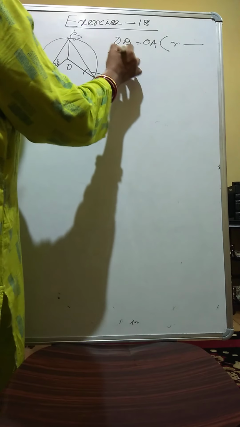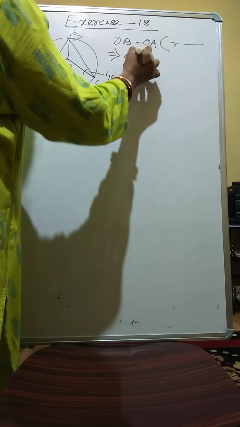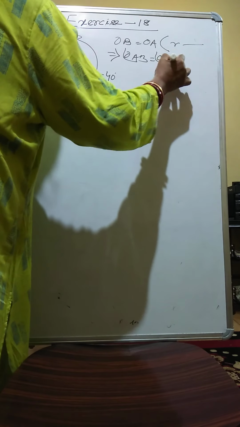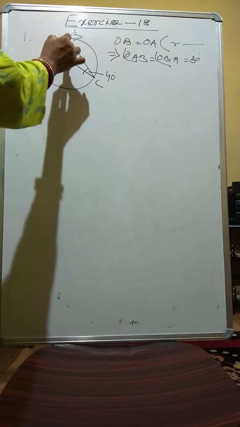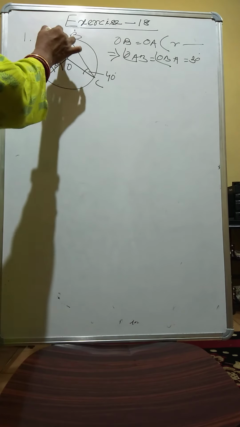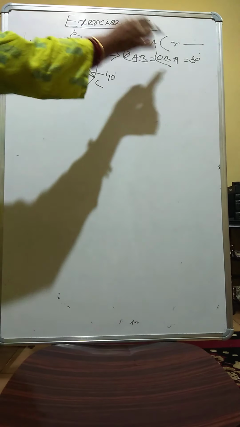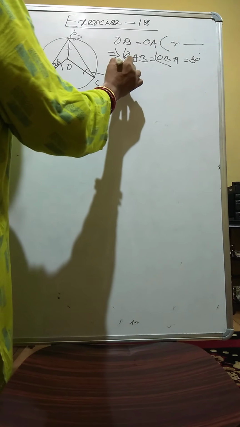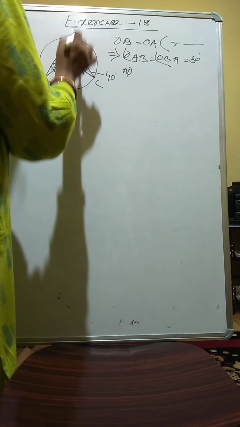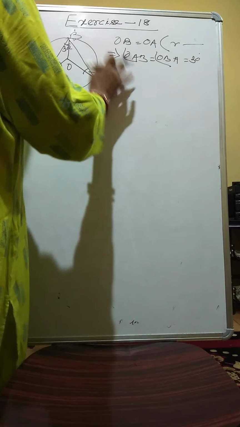So therefore I can write OAB angle is equal to OBA angle, that is equal to 30 degree. As these are radii, therefore opposite angles must be equal. So AOB angle, we are getting 30 degree.